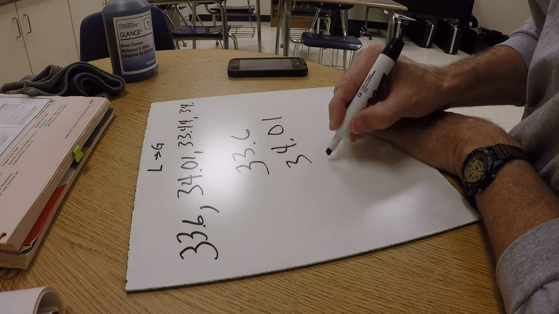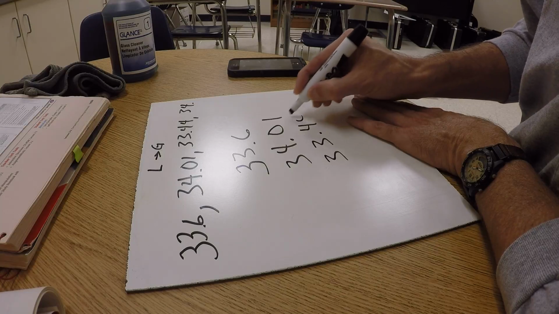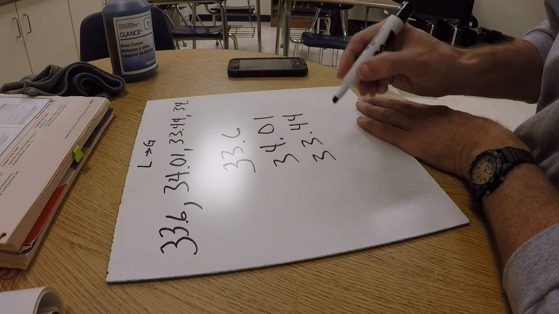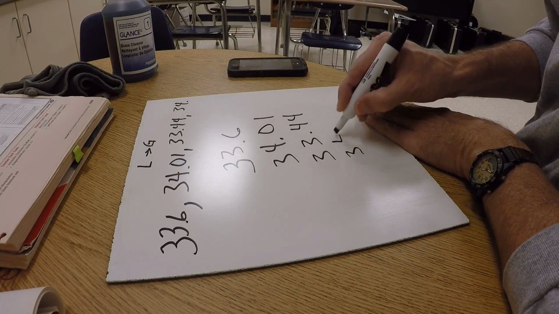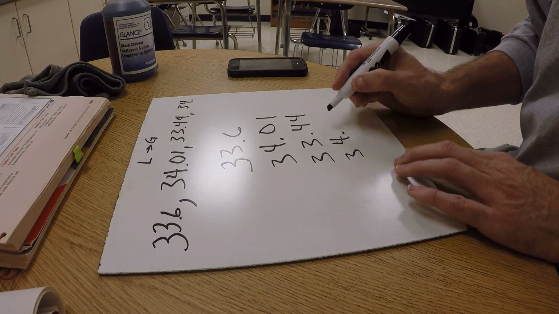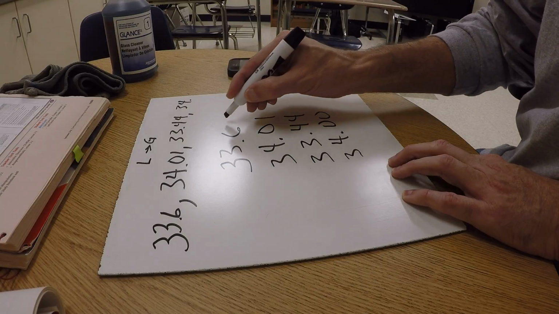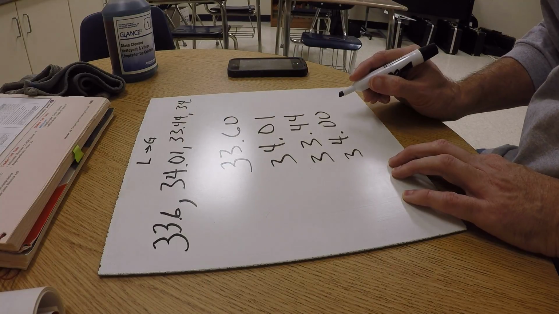Then 33.44, and last the 34 decimal. And anywhere where you have a gap, just fill in with a 0.